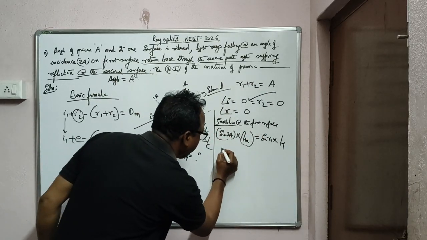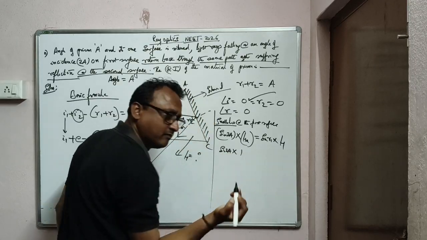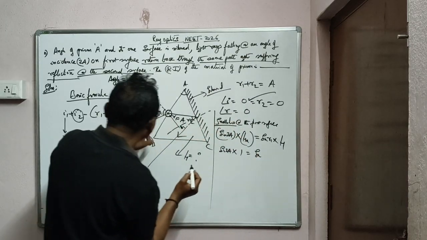Therefore sine 2A into mu of air, which is 1, is equal to sine R1.